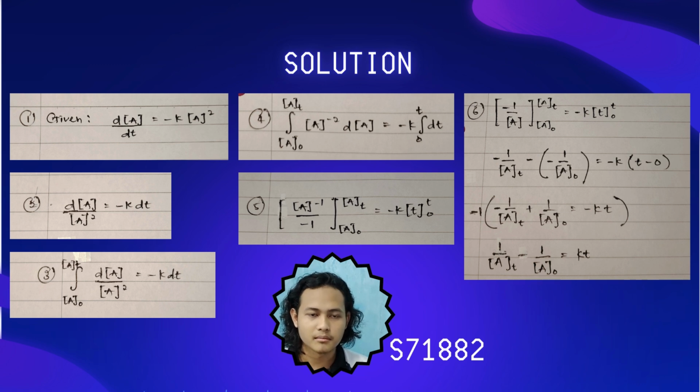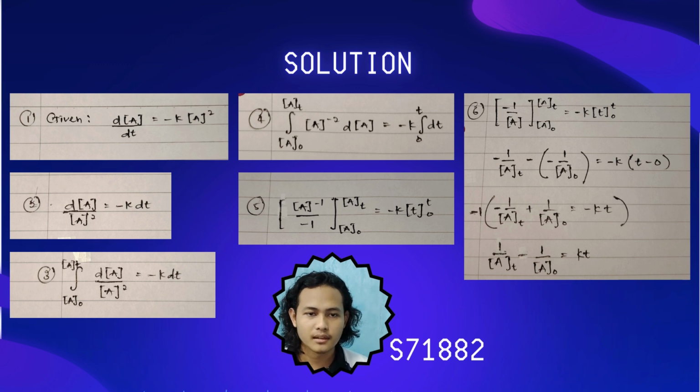Then we integrate both sides, and we will get A^(-1) over negative 1. Then we insert At and A0 on the left side, while on the right side we will get negative kt and insert t and 0.